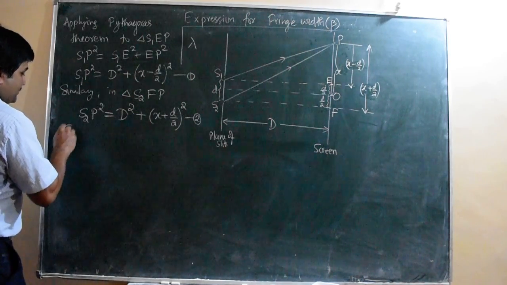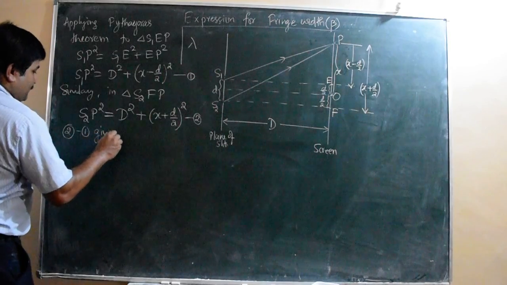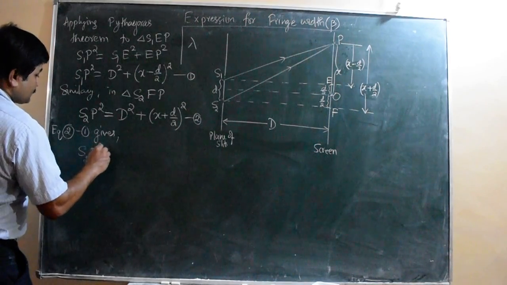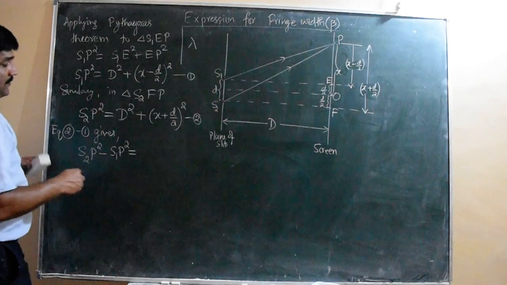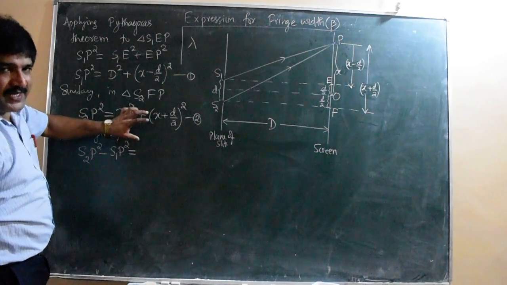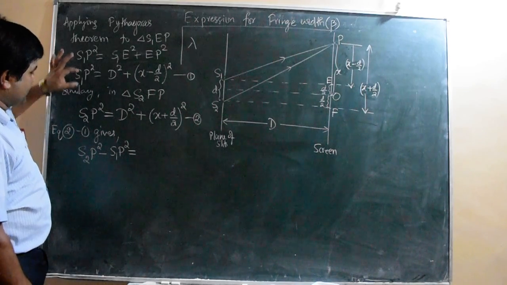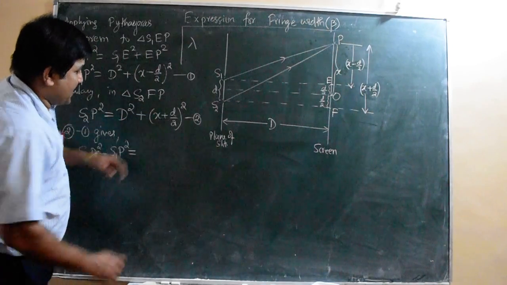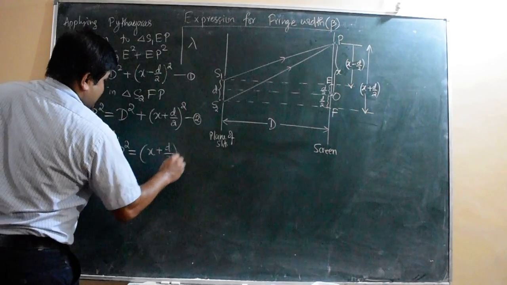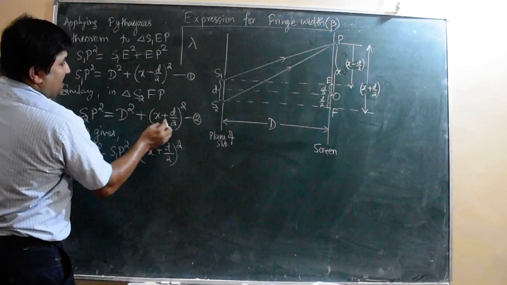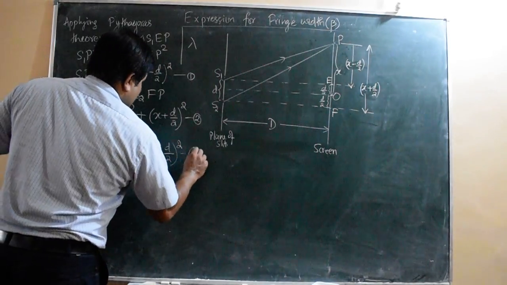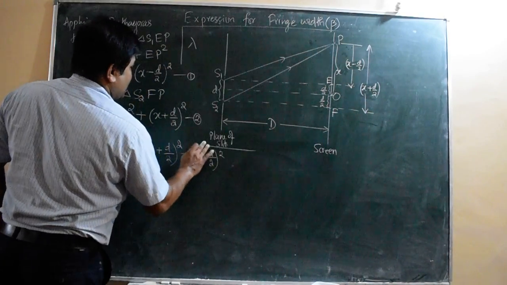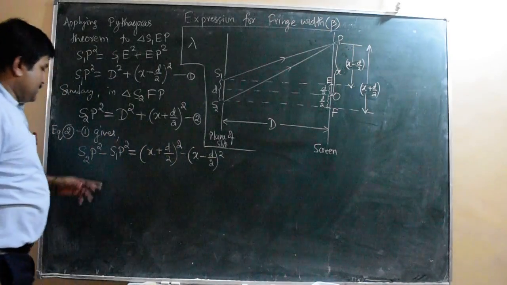Subtracting the first equation from the second, that is equation 2 minus 1, S2P square minus S1P square on the left side. On the right side, D square minus D square cancels, leaving x plus d by 2 whole square minus x minus d by 2 whole square. We subtract the corresponding terms.